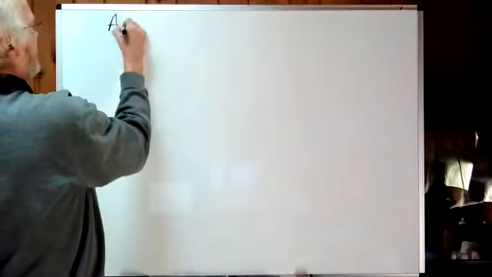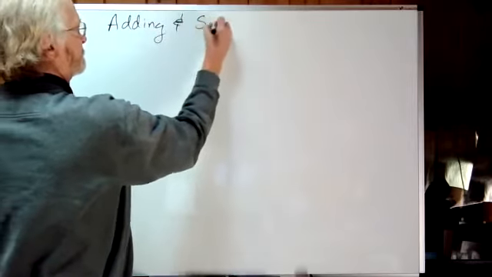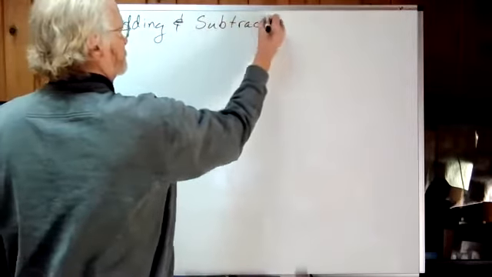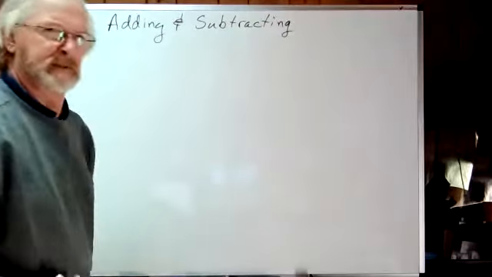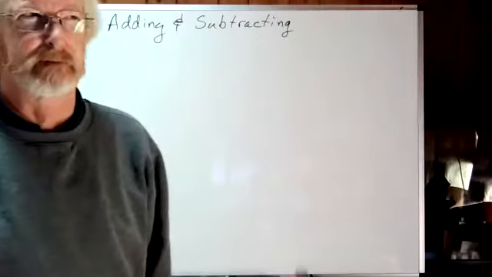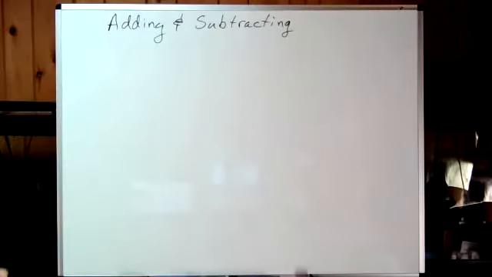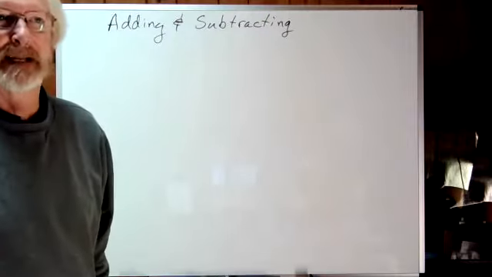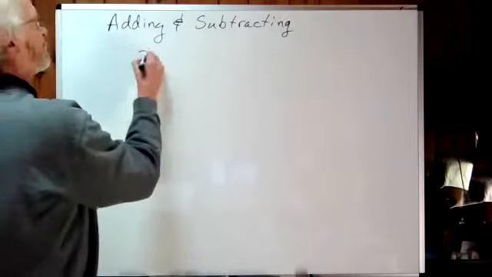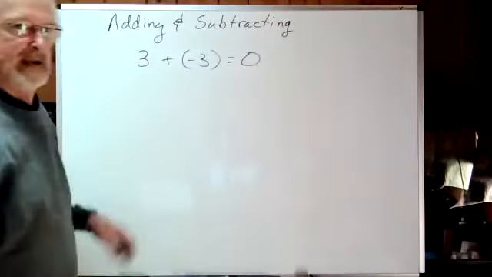To begin with, we start with adding and subtracting. In the last chapter, I think it was about 1.8 or 1.9, we talked about properties of the number system, and about every number having an additive inverse. Those were two numbers that added up to 0.